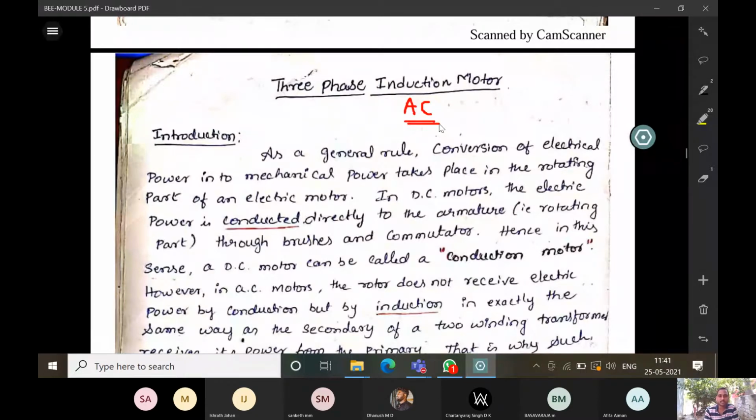In general, conversion of electrical energy into mechanical energy takes place in the rotating part of an electric motor.